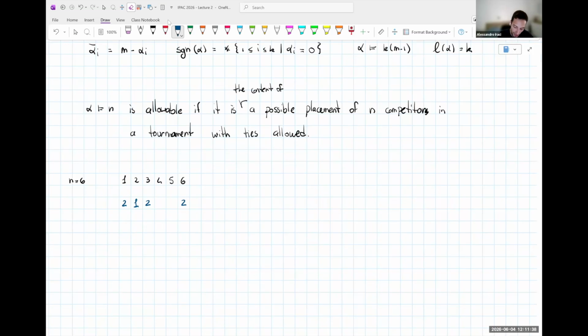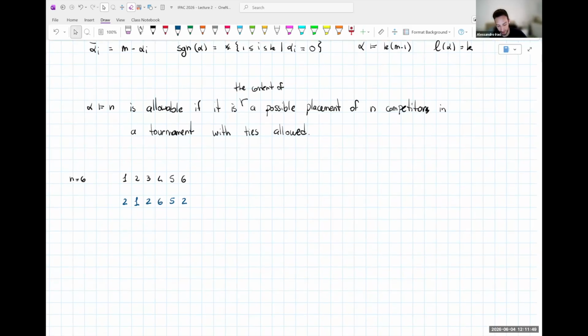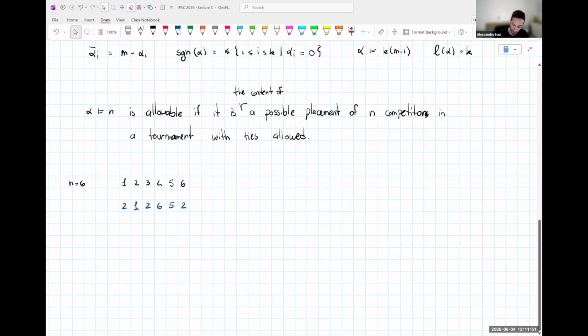And then competitor number 5 is now fifth because these 3 people are taking the second, third, and fourth spot. And then competitor number 4 ranks 6th. So this thing here is a Fubini ranking, I think. That's how it's called.